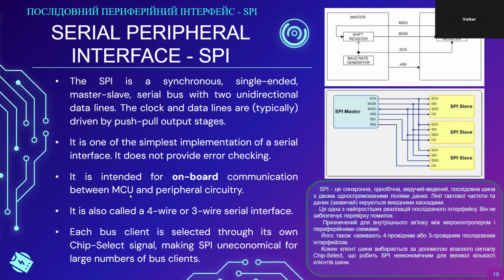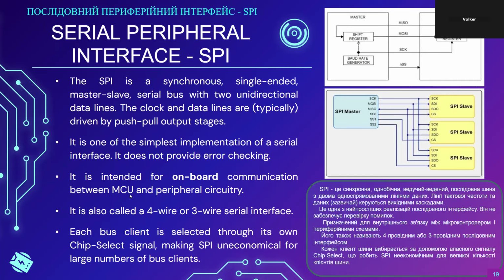If you look at the picture to the right, you see how simple it is. The picture is the upper picture on the right, because it is essentially just the slave peripheral device. It's essentially just two shift registers that are connected in a circle.